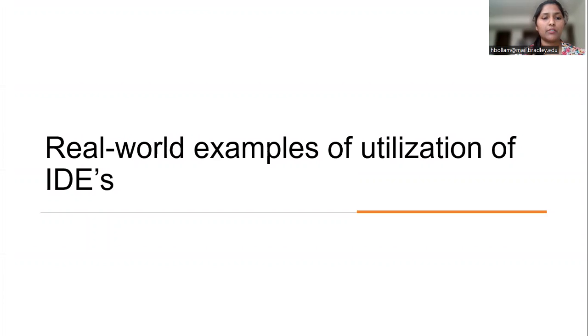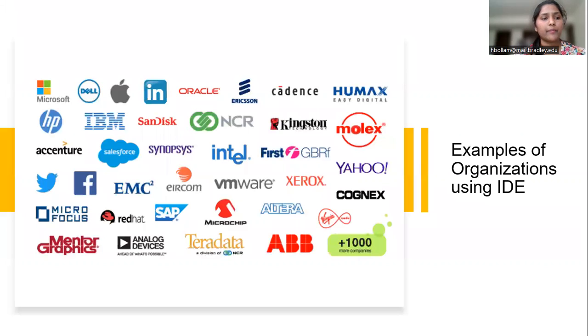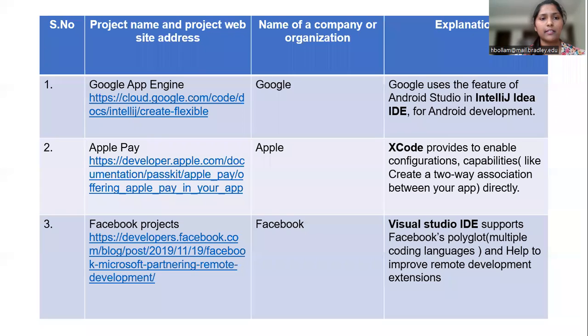And let's see some real-world projects done by organizations using IDEs. Many organizations in the real world, from small to big, like Google, Microsoft, Dell, Caterpillar, prefer IDEs for easy and efficient development of their projects. And here we can see that Google App Engine was developed in IntelliJ IDE, and Apple Pay Engine was developed in its own Xcode IDE.